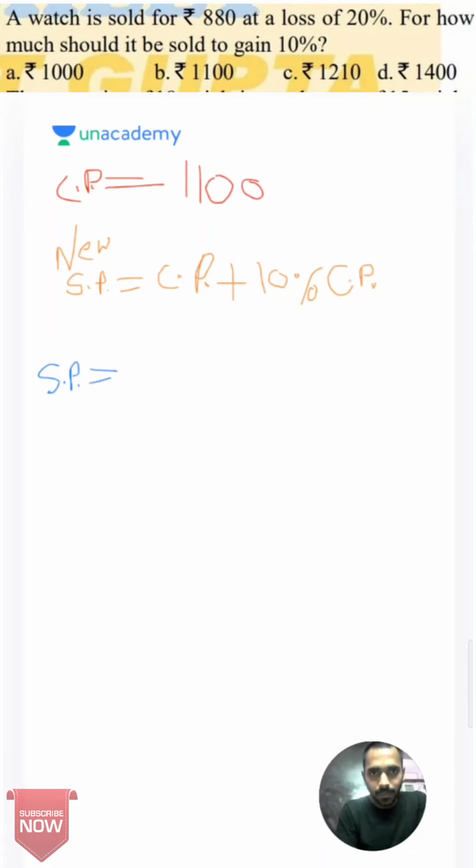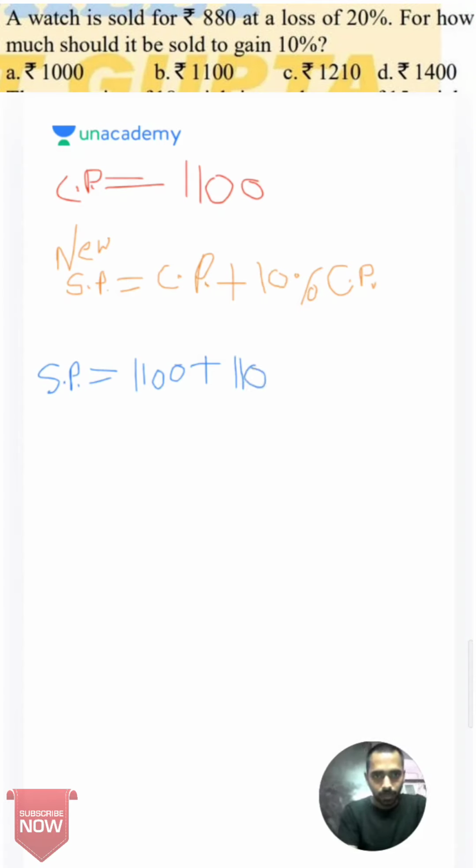That is, CP is equal to 1100, and 10% of CP means 10% of 1100. That is our 110.